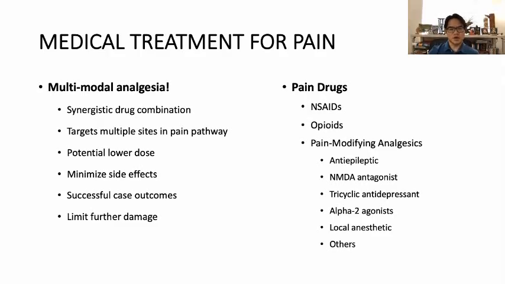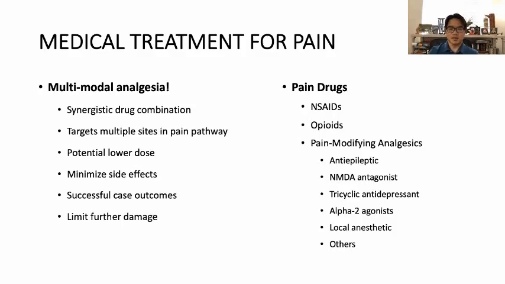As we know, in chronic pain there are a lot of mediators and a lot of pain pathways involved, so using only one medication is probably not going to give you the best results. Using different medication combinations could also help us lower the dosing potentially, and that would help minimize the side effects, give better successful case outcomes, and limit further damage for the patient or for the lesions.